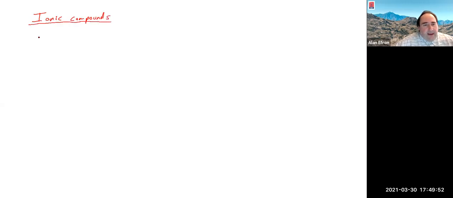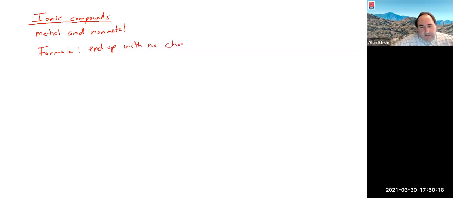Ionic compounds are going to involve, obviously, the metal and non-metal like we've talked about. But a couple important things in terms of the formula for an ionic compound: whenever we put the formula together, we always want to make sure that we end up with no charge on the formula.